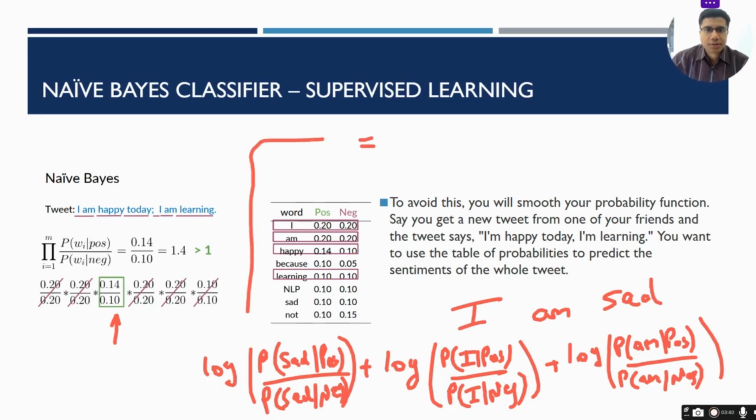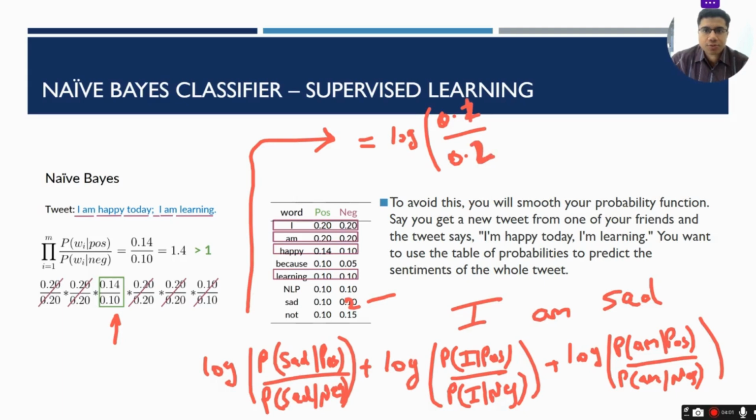So after this I am coming to this step. The log for sad, which I will get from here, I think this is wrong because this should be more in the negative. So this should be like this.